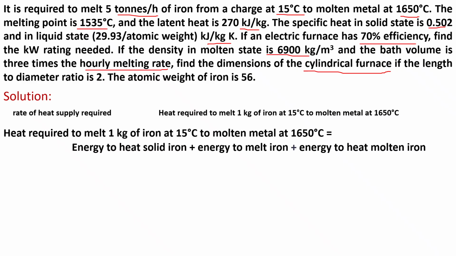That is equal to energy to heat solid iron plus energy to melt the iron plus energy to heat the molten iron. So in the three phases we have to determine the heat required.